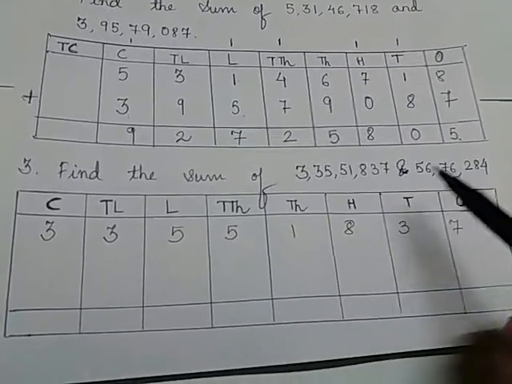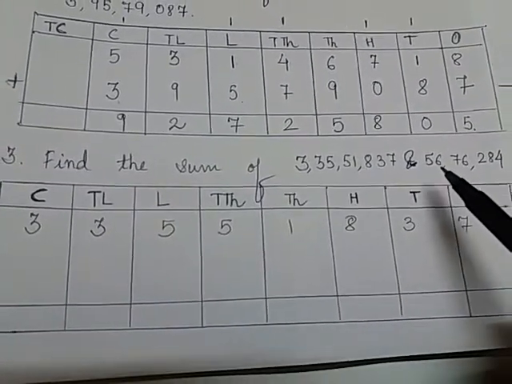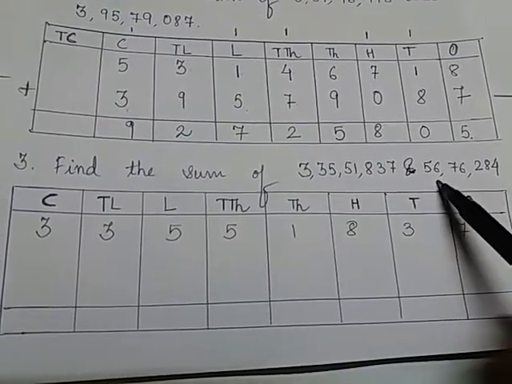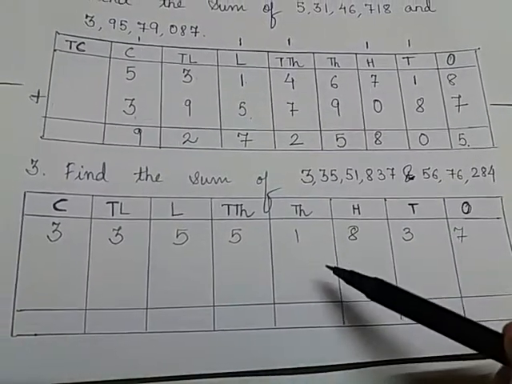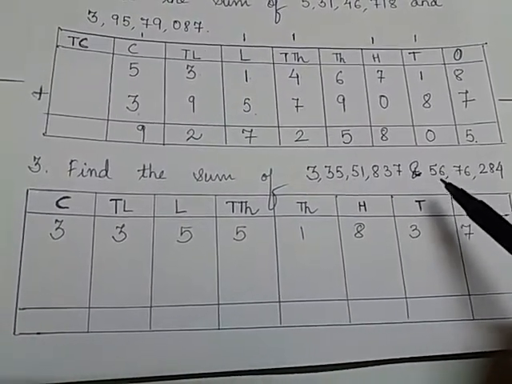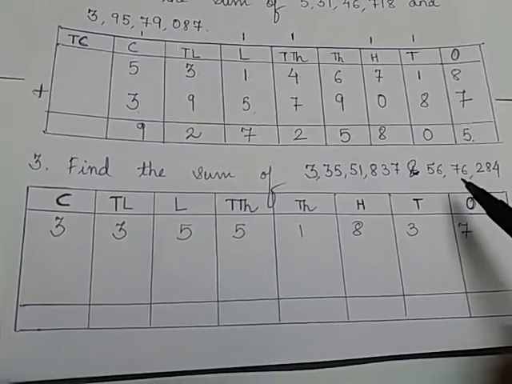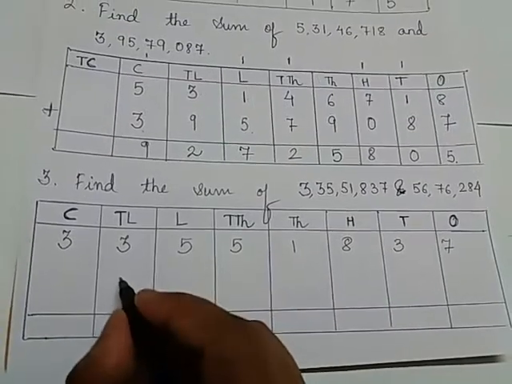Now we will fill this up. Now here, children, please be very careful. Whatever we will be saying, we will be writing it here. This is 56 lakh 76,284. So we will start it from here.